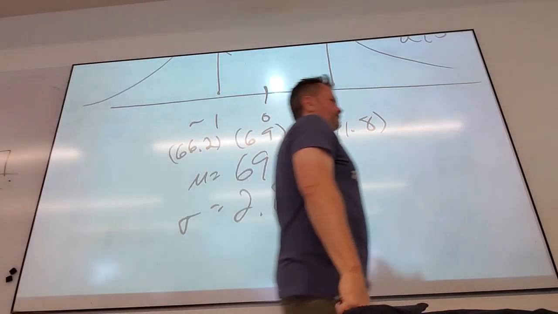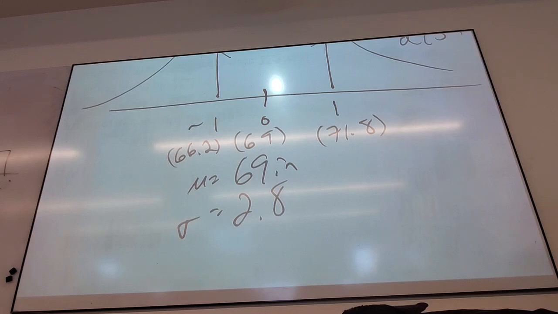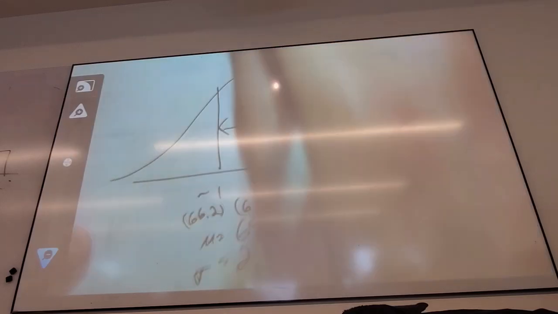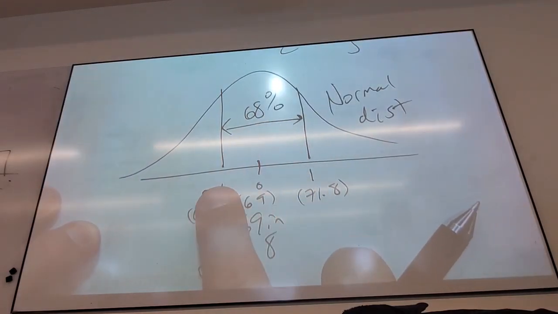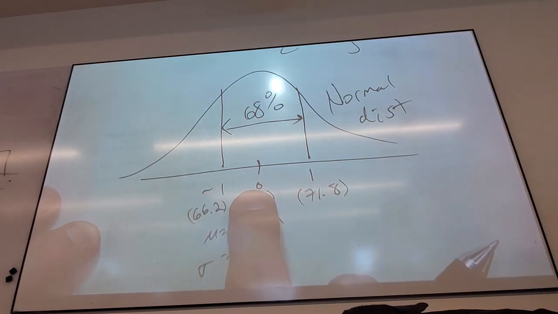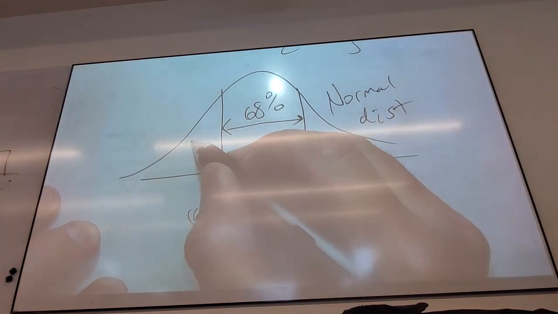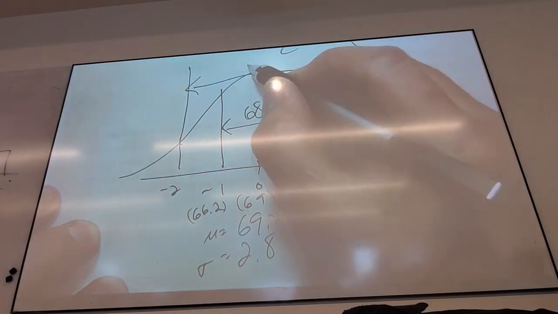Okay. Real quick, can you just review it? It's just if I have a normal distribution, 68% of the data is within 1 step of the mean. If they go 1 more step out, there will be 95% of the data.